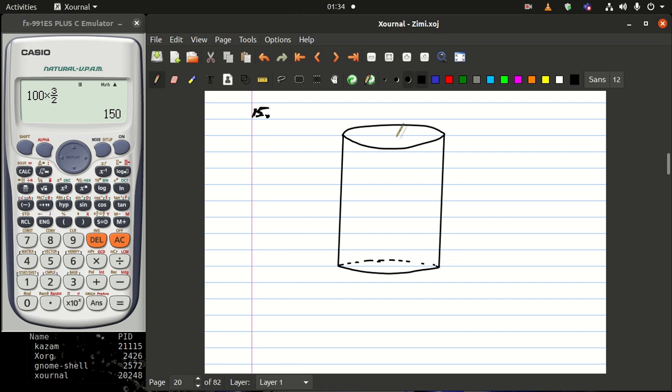Looks something like this. And of course, you will end up having a radius here, and then you will end up having a height that is going somewhere there, and then you have a radius there.